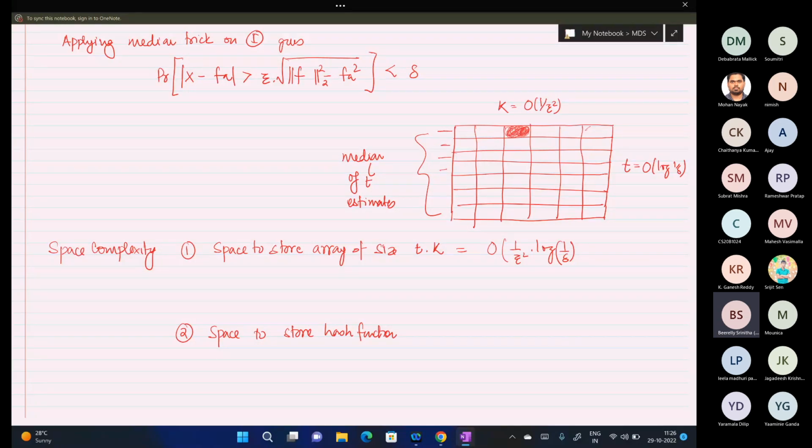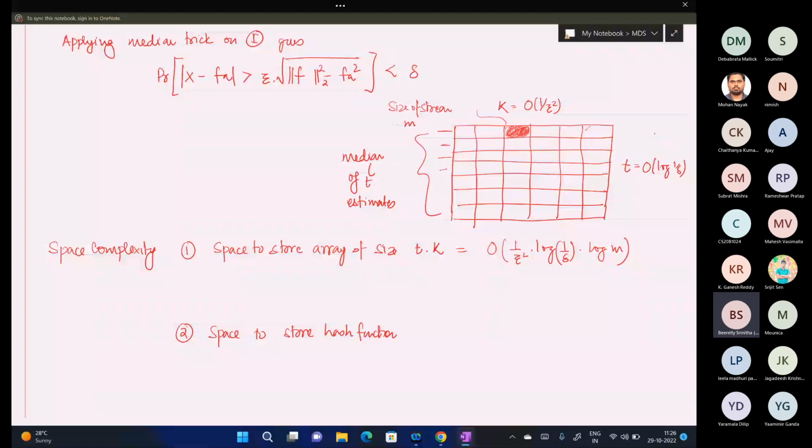It could be as big as the size of the stream, which is M. So any counter could store a number as big as M. To store that, we require log M bits. This is the space required to store this two-dimensional array.